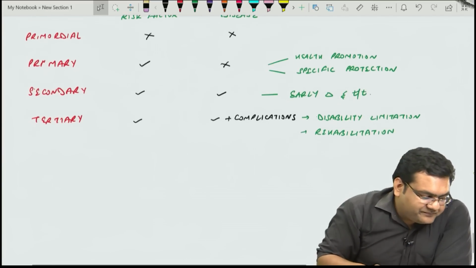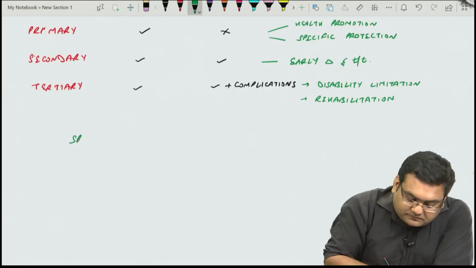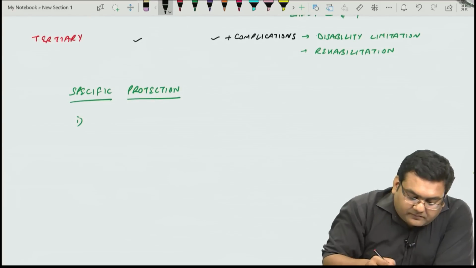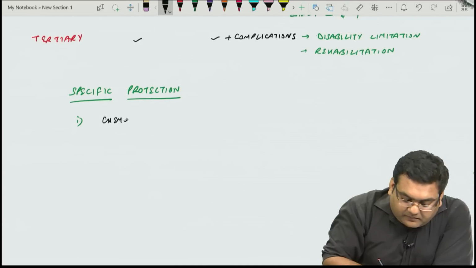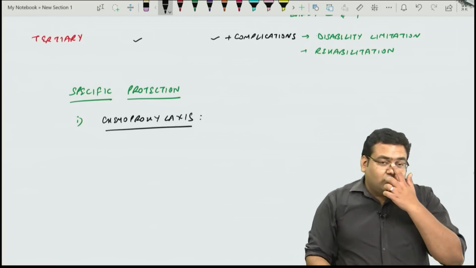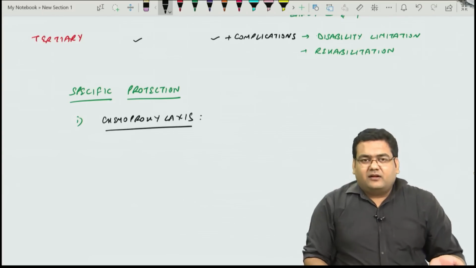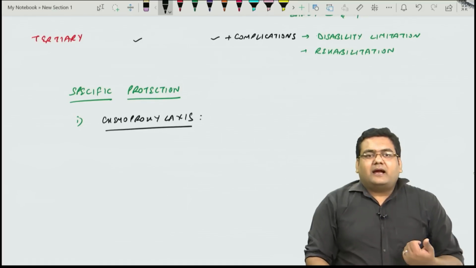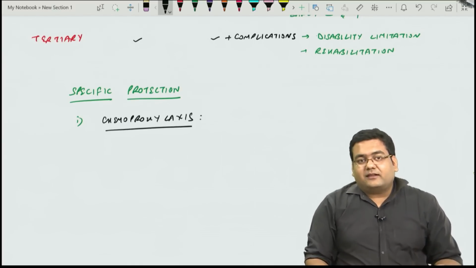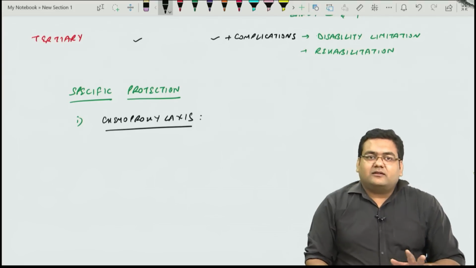For example, chemoprophylaxis is given to those persons who are visiting some other country where some disease is endemic, and the person starts taking the medicine beforehand because he knows the risk of contracting the disease is present but the disease has not yet occurred.